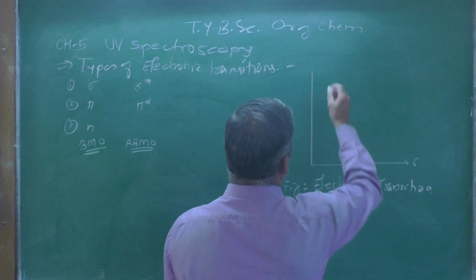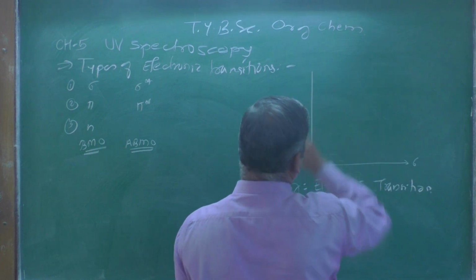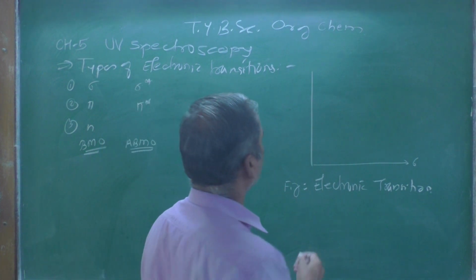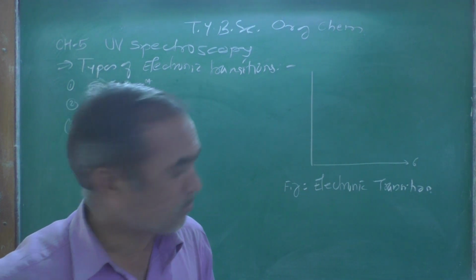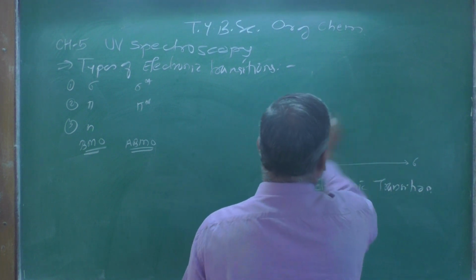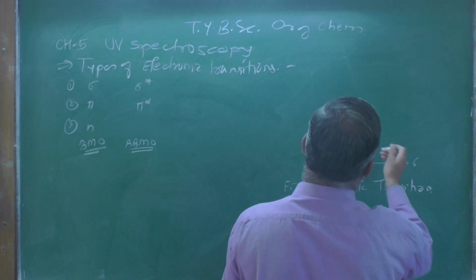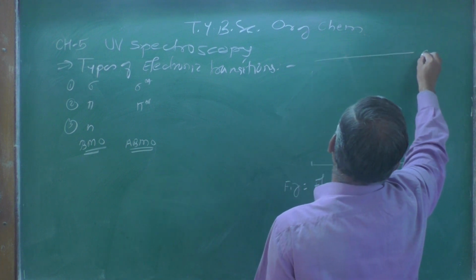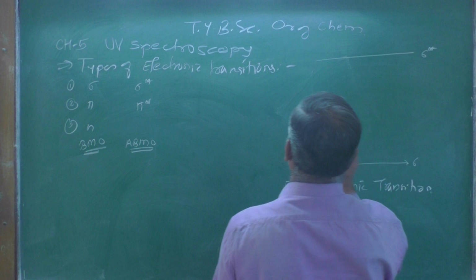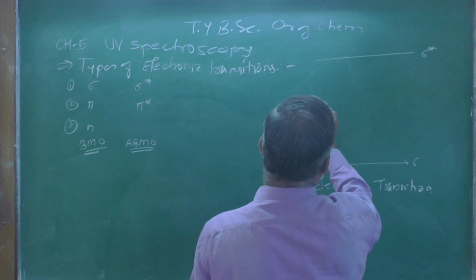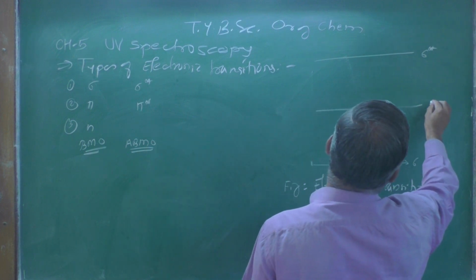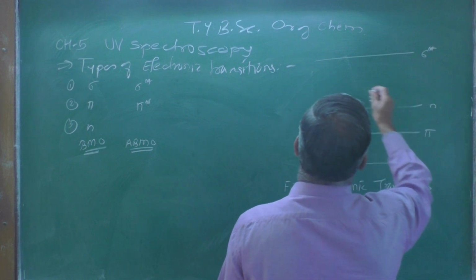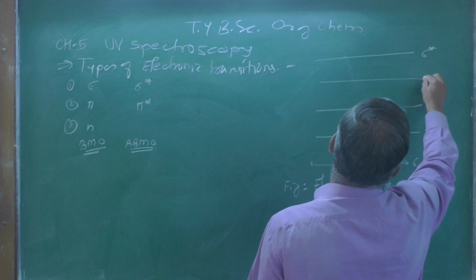This is a sigma electron. Let me draw the transitions here: sigma, and the next one here is sigma star. There is a non-bonding level, suppose here is non-bonding, and here is a pi electron, and here again is pi star.